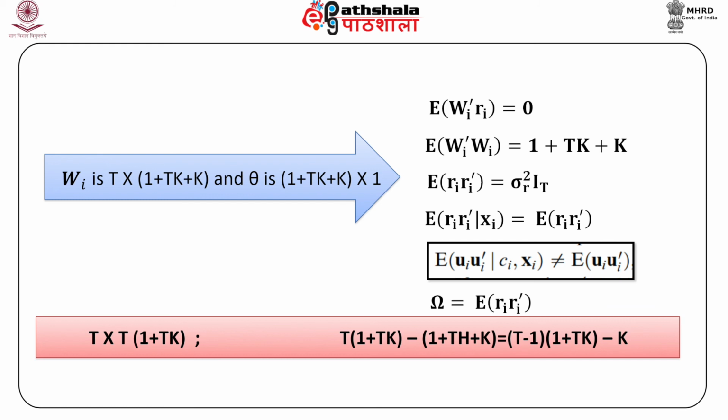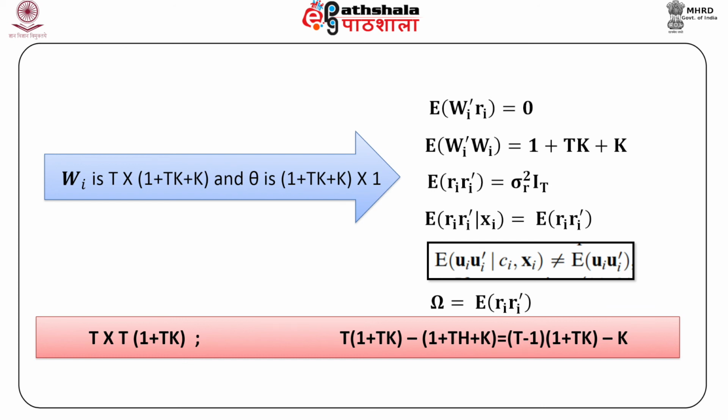Now you can see, on the contrary, if this assumption fails, a more efficient estimator is obtained by applying GMM to equation 20 with the optimal weighting matrix. In equation 20, there are (1 plus T)K plus K parameters, and the matrix of instruments is T into (1 plus TK).